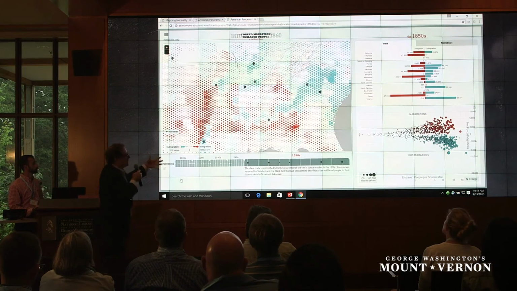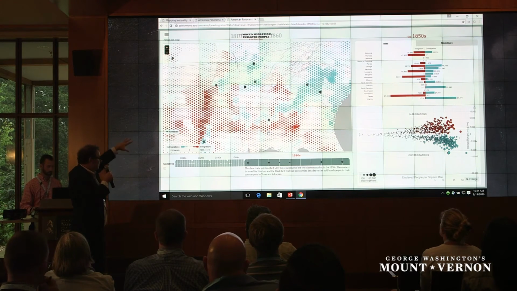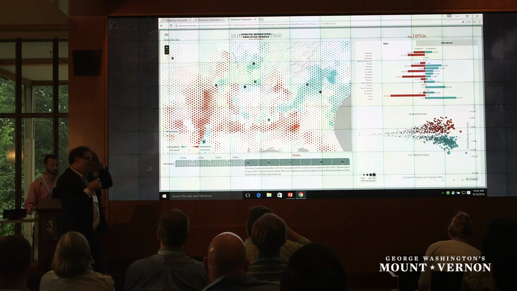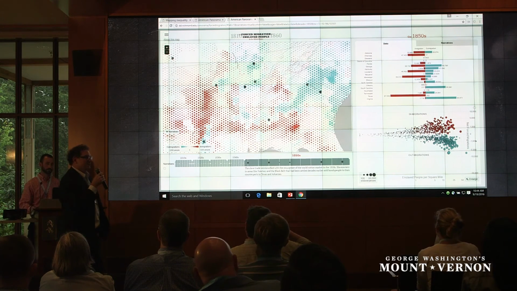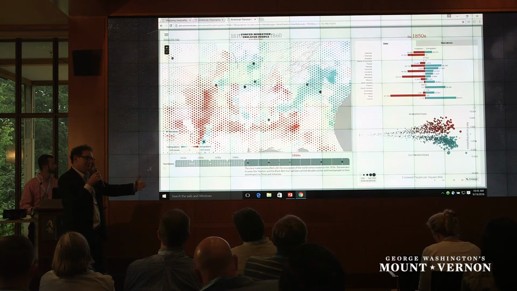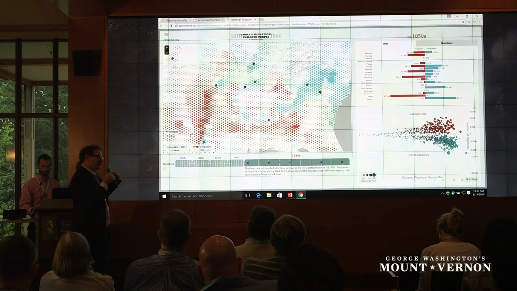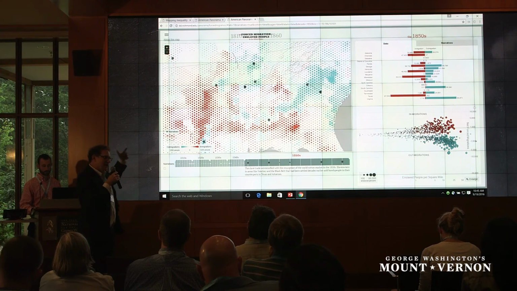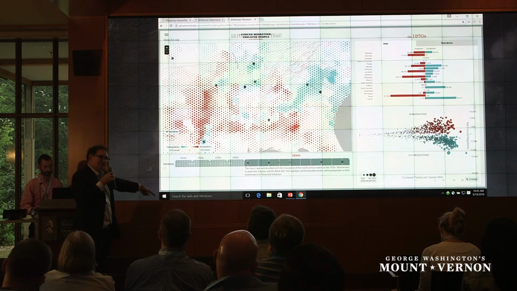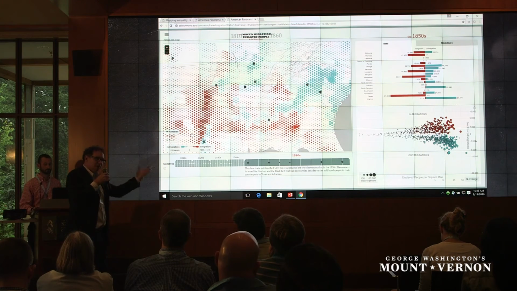This is a pretty blue map, right? I mean, there are still areas on the western edges of the South, and there is a market for this. But this map helped me understand why slaveholders were so aggressively expansionist in the 1850s, right? A politics that really set them at odds with Northerners and eventually resulted in a civil war. And there's a kind of economic determinism here: they're used to going into new lands, using enslaved labor to grow cotton, sugar on those lands, and profiting enormously from that.